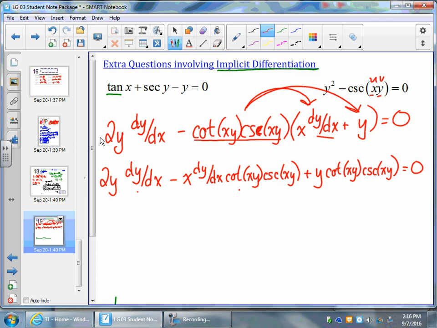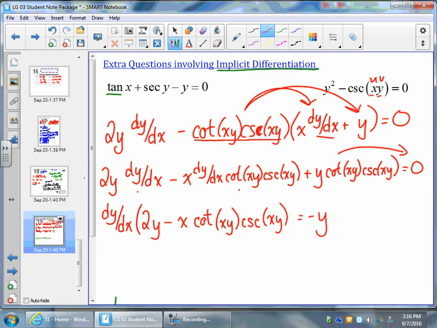Now I'm going to skip a little bit because we can obviously determine that we're going to be factoring that out. So I'm going to be left with my 2y minus x cotangent xy cosecant xy, and then I'm moving this guy over, right? Minus y cotangent xy cosecant xy. It's like trig overload.